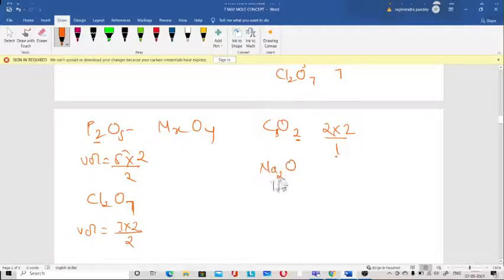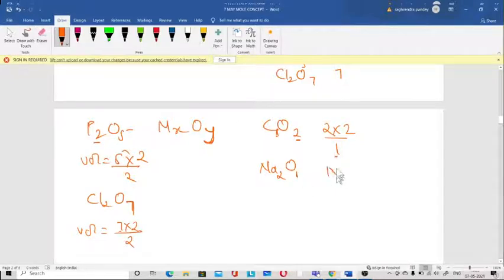For example, Na2O, sodium has X, it is Y. That is Y, and this is 4. So sodium oxide. This is number 1.